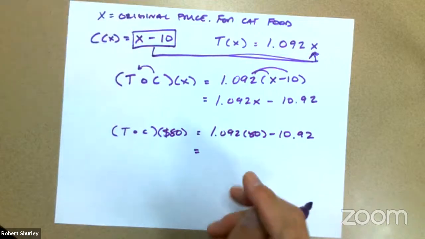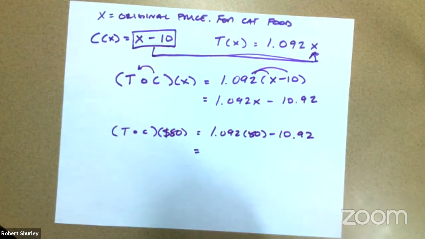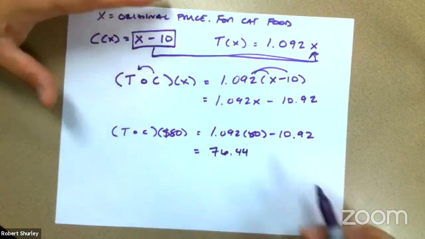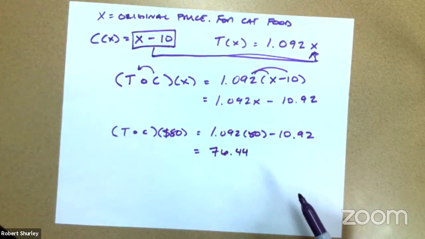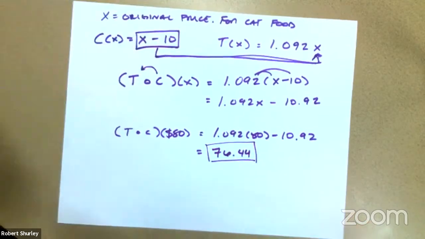So I'm going to use my calculator up here: 1.092 times 80 minus 10.92. That's 76.44. So we saved about $3.50, $3.56 if you want to be correct, because of tax, right? Remember tax. You're not going to get the full $10 off. Okay.